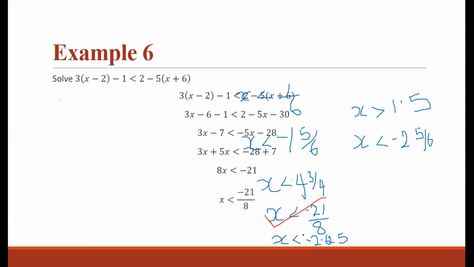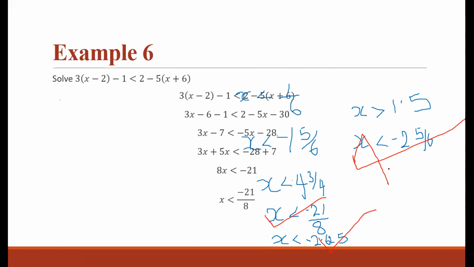If you give us x is less than negative 21 over 8, that is very correct. And when you put it in the calculator, this one also becomes correct, and that one also becomes correct. It becomes 2 whole number. Let me confirm that. This is wrong, unfortunately. This is wrong.